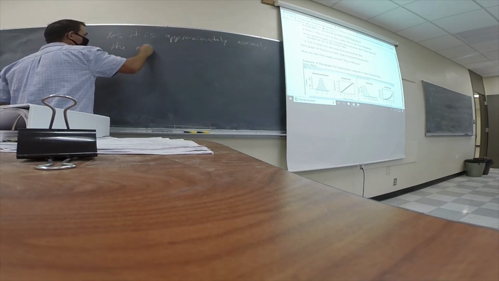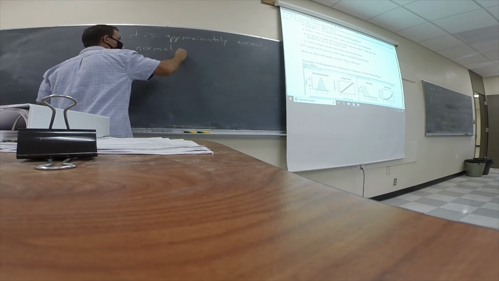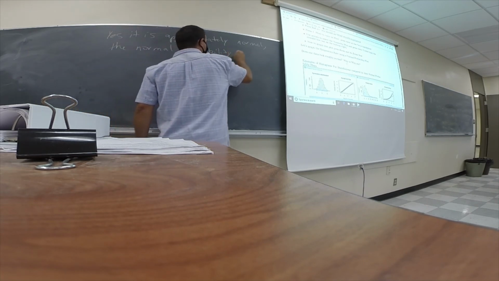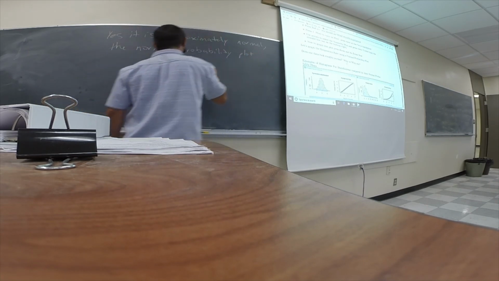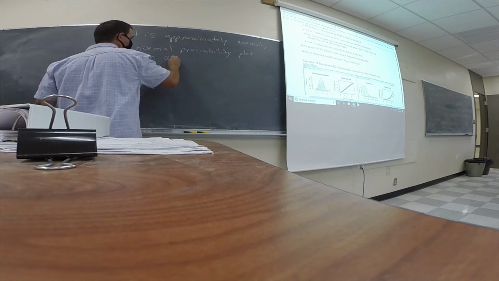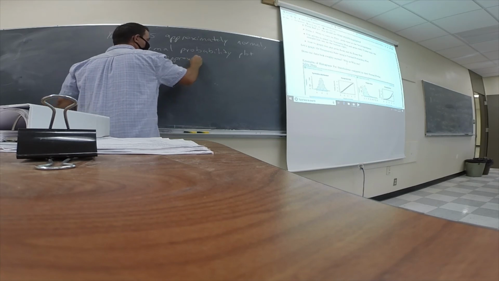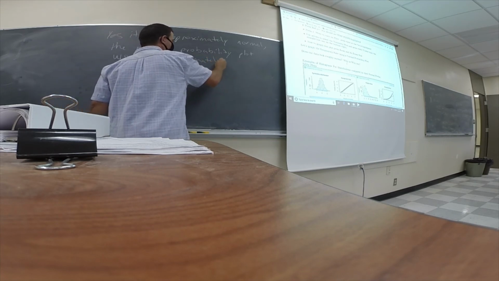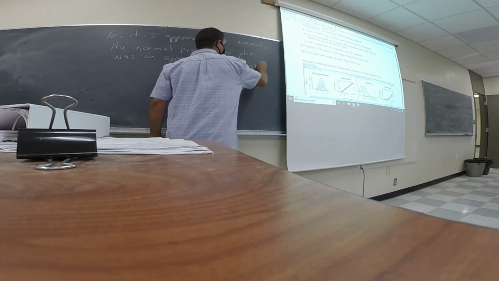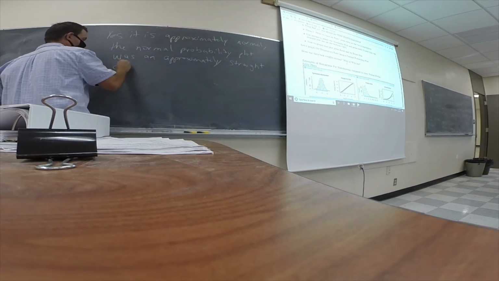The normal probability plot is an approximately straight diagonal line.